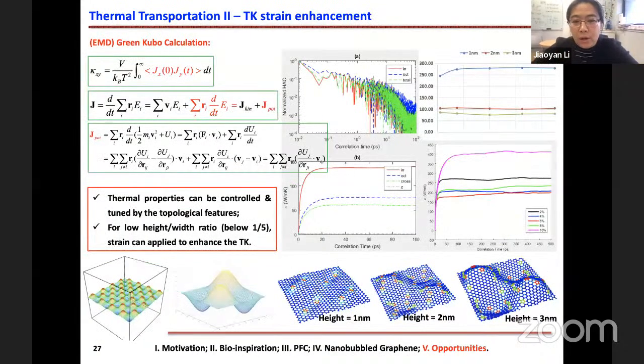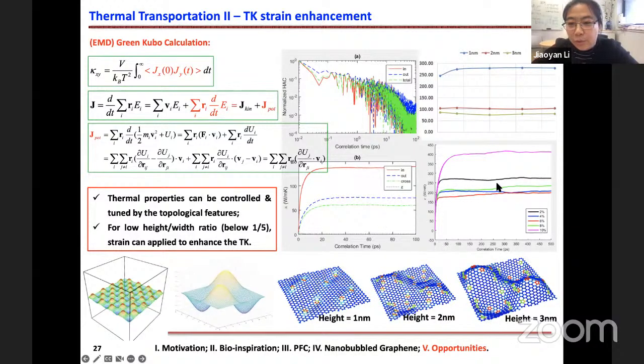And also, we found another interesting phenomenon, which is that the strain can somehow increase the conductivity. With externally applied strain, we can increase the thermal conductivity of our sinusoidal graphene design. That's still under study, but we have some preliminary results.